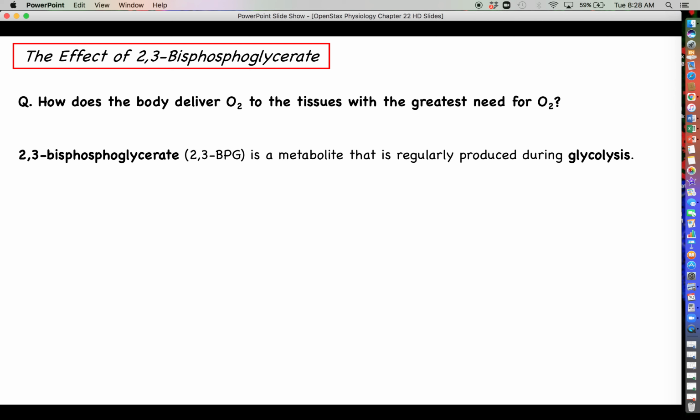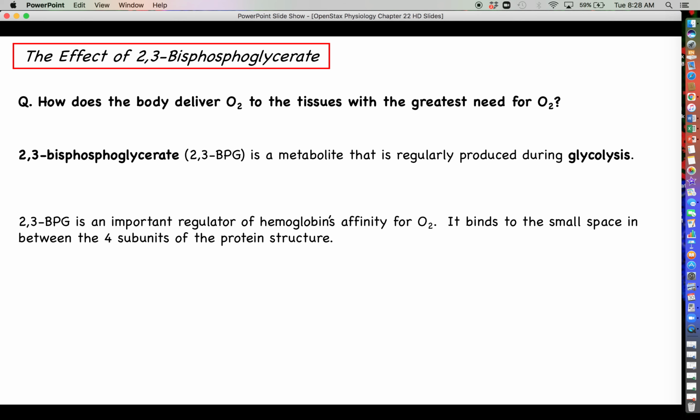Well, all you need to know is that glycolysis is something that is going to happen a lot in cells that are actively producing ATP. As we're going to find out here, 2,3-BPG is actually an important regulator of hemoglobin's affinity for oxygen.